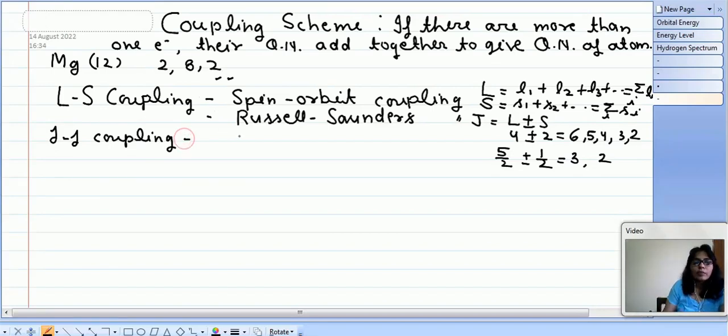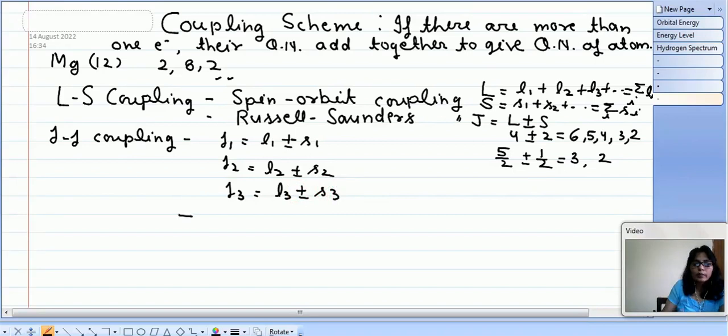In JJ coupling, first we calculate J1, which is equal to L1 plus minus S1. Then we calculate J2, which is L2 plus minus S2, and in a similar way J3, which is L3 plus minus S3, and then we calculate capital J, which is J1 plus J2 plus J3 and so on, the summation over i of Ji.